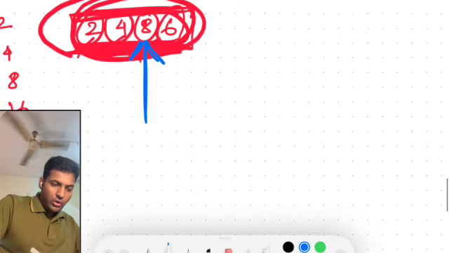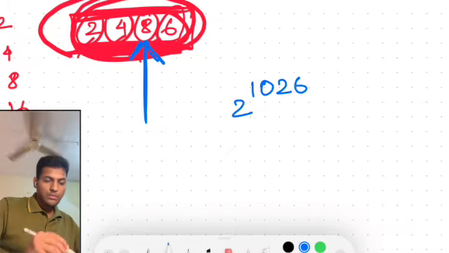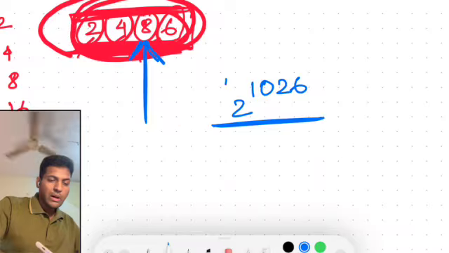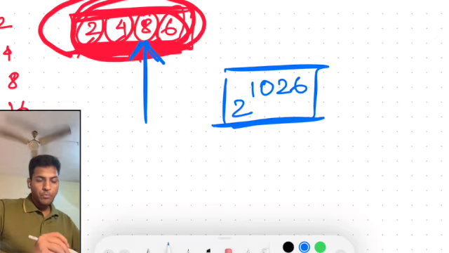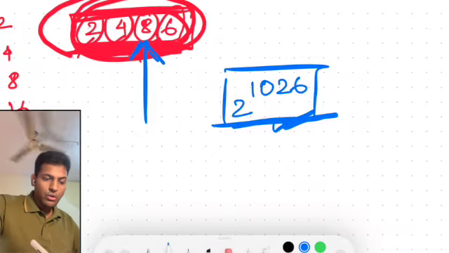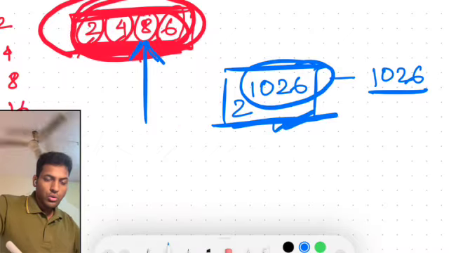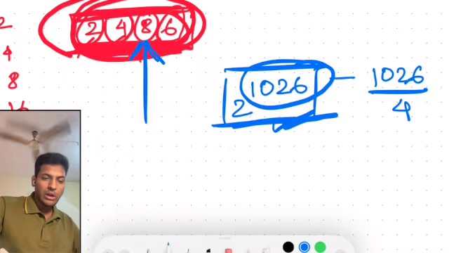Suppose you have 2 to the power 1026. Now this might seem to you a difficult question. This kind of question they ask in exams. Now what will be the answer? Very easy. You will divide the power with 4. 1026 divided by 4. Now what will be the remainder?